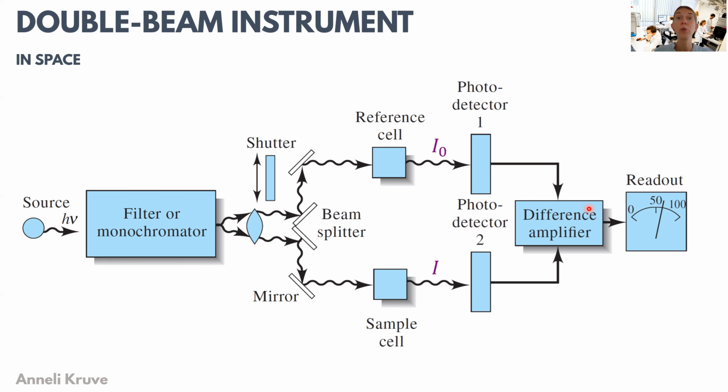And later the outputs from these two detectors are combined, and absorbance is calculated with the previously mentioned equation. So A equals logarithm of the ratio of I0 and I. And lastly, from our computer, we usually get a readout. And when we use a monochromator, then we very nicely can scan through the whole spectrum in parallel for the reference cell and for the sample cell.